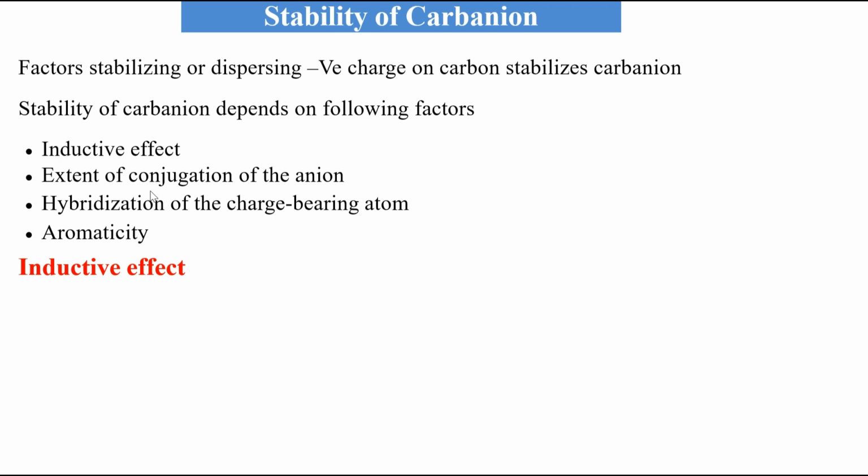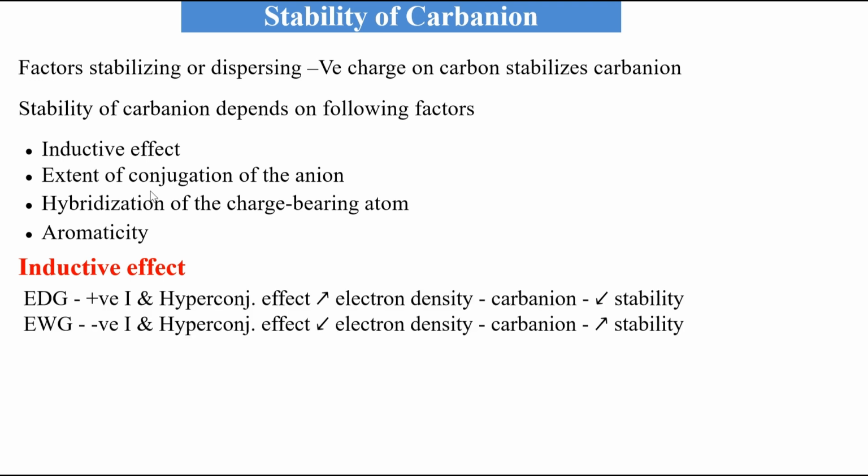As we know, regarding the inductive effect, when an electron donating group is adjacent to this carbanion, because of the positive inductive effect and hyperconjugative effect of the electron donating group, it increases the electron density on the carbon adjacent to this electron donating group.